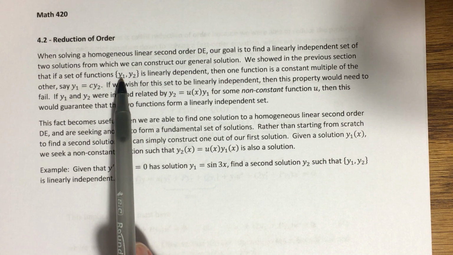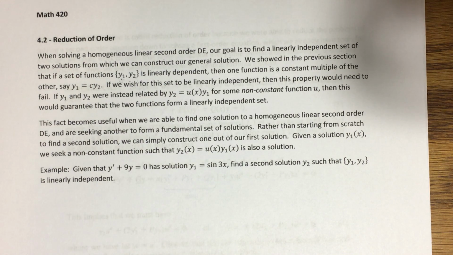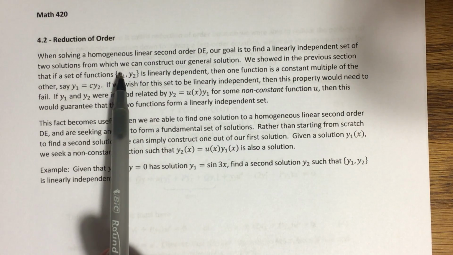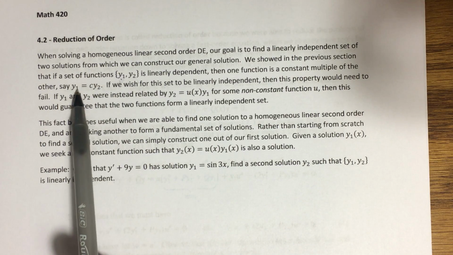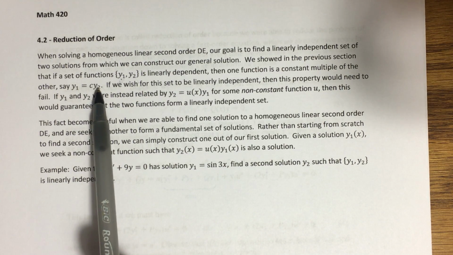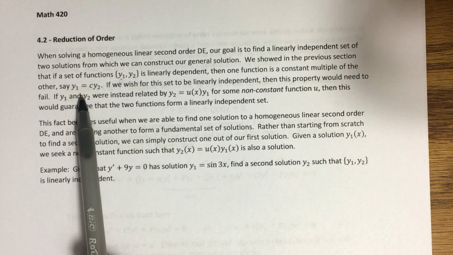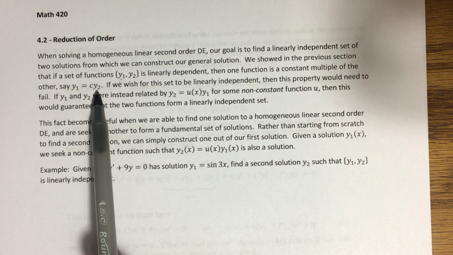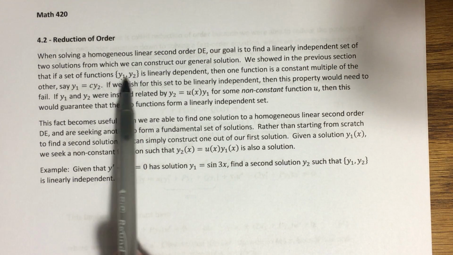What does it mean if a set of two functions are linearly dependent? We showed in 4.1 that this would imply that one function is a constant multiple of the other. So you could say, for example, y1 is equal to c times y2 for some constant c. We want this to not be the case because we want this set to be linearly independent.